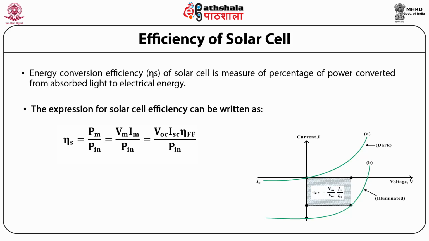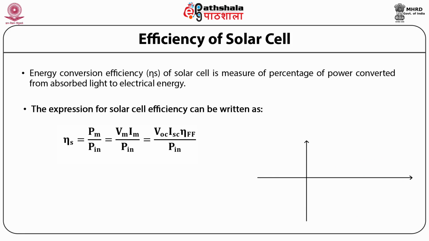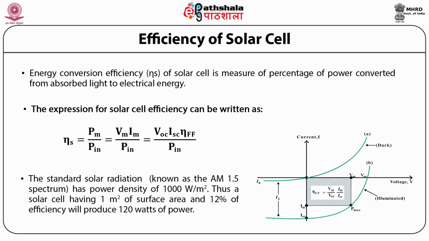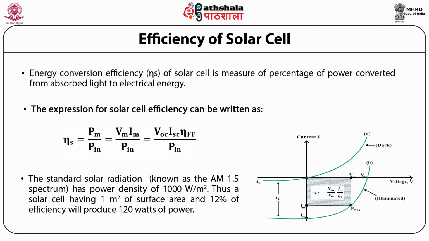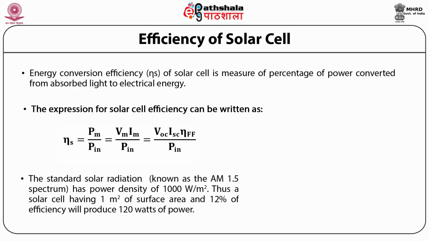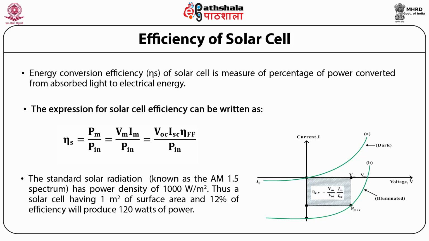The standard solar radiation, which is known as the AM 1.5 spectrum, has a power density of 1000 watts per meter square. Thus, a solar cell having 1 meter square of surface area and 12% efficiency will produce 120 watts of power.